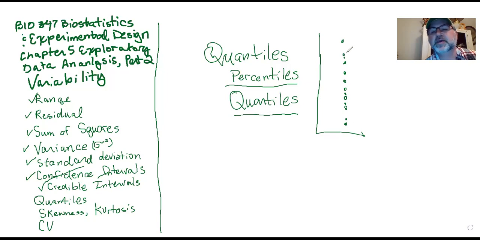Percentile is going to break this up, right? So you have your median, which equals 50. And then your percentile is going to break this up into 100 parts. Right? That's not 100, not even close.